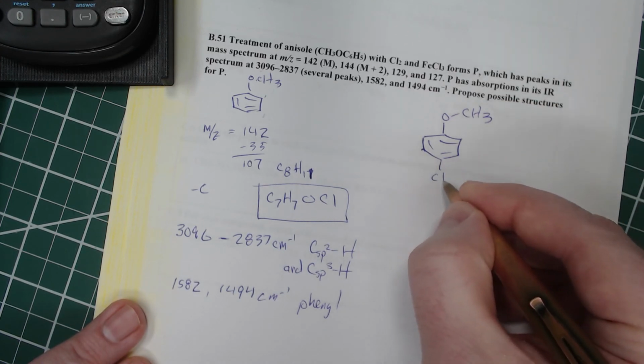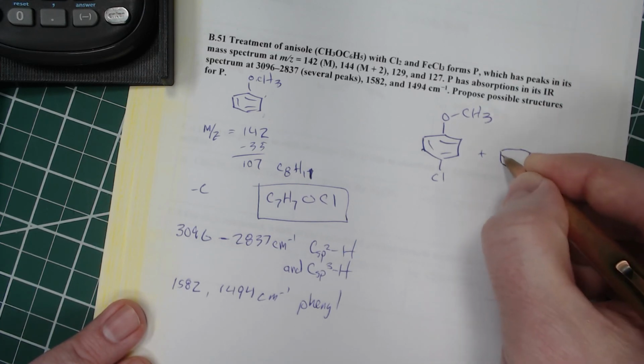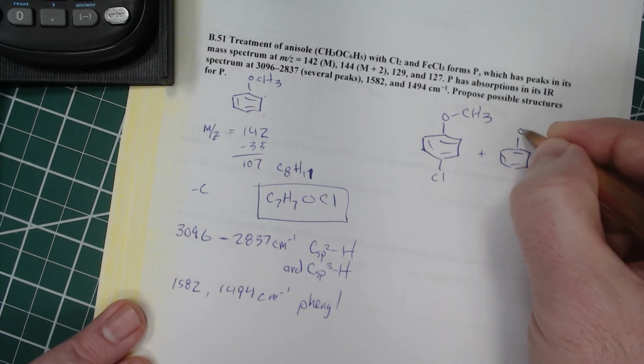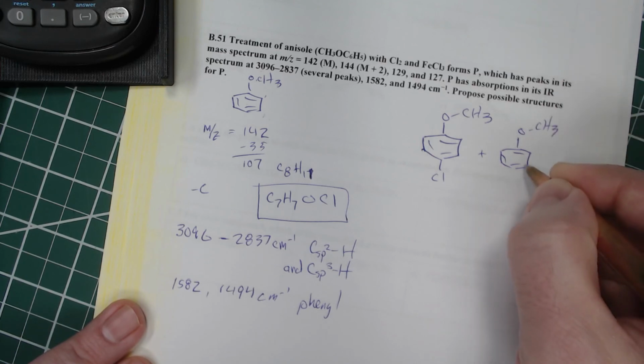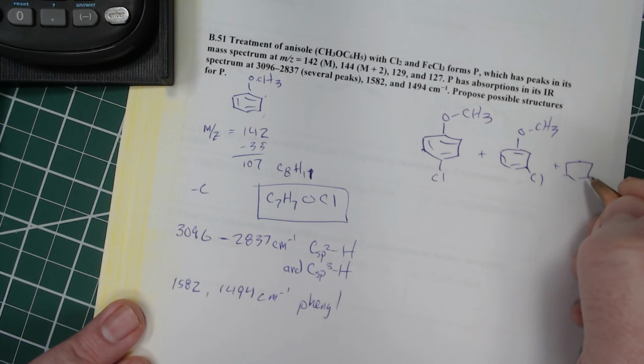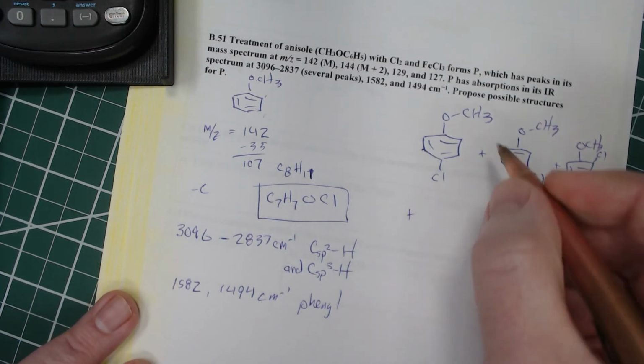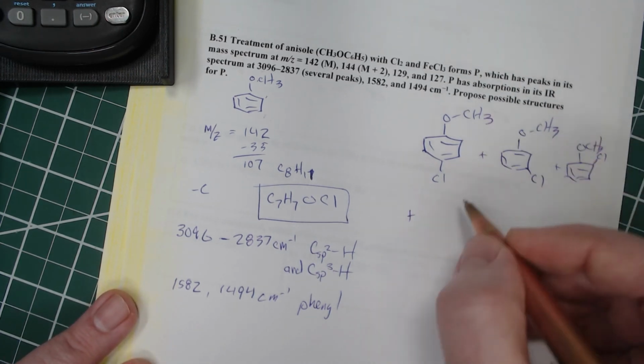So for example, we could have that chlorine. And we could have that one. The other possibility is that we replaced one of the hydrogens here with a chlorine.